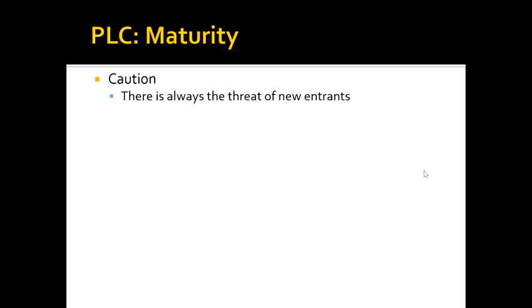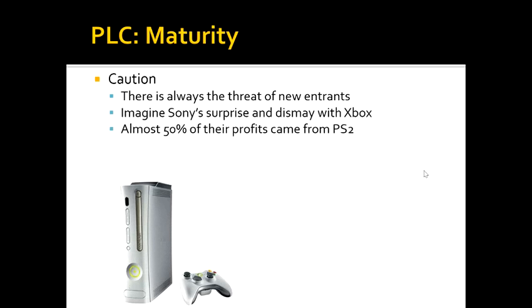You have to be careful though during maturity. There's always a threat that new companies can come in. For example, Sony dominated the gaming console a while ago. And then all of a sudden, out of nowhere, Microsoft dropped in with Xbox. Microsoft had never really made a physical product before.